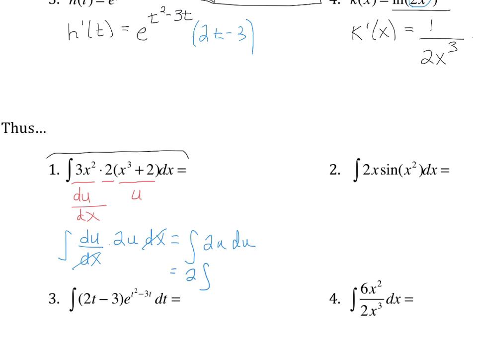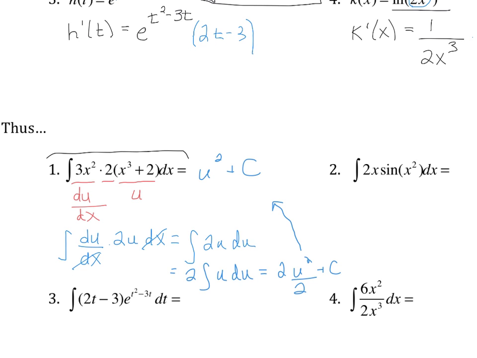It'll come out front, and then the antiderivative of u with respect to u will equal u squared over 2, and then of course plus c. So now I'm going to cheat and swing my final answer up here. The 2's cancel, and your final answer is u squared plus c.